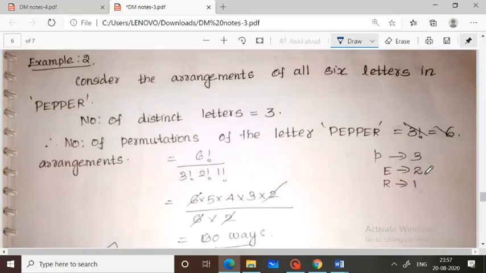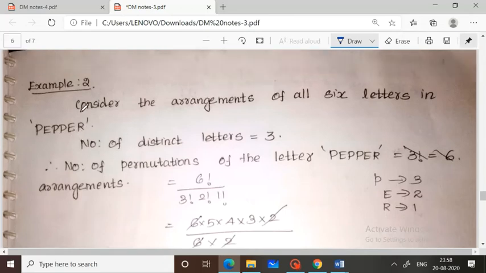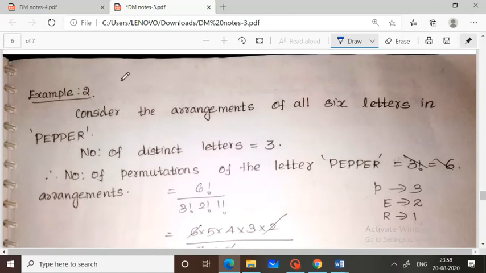Now, considering another arrangement of the 6 letters, another word is given here. There is another example, pepper, P-E-P-P-E-R.